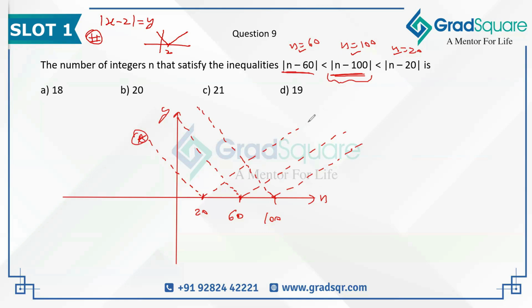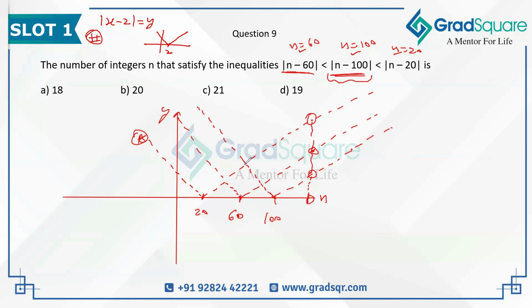Let me extrapolate this a bit more. Suppose at any point, let's say I look at a point over here. This is the value of modulus of n minus 100, this is the value of modulus of n minus 60, and this is the value of modulus of n minus 20. Now n minus 20 is the largest, but n minus 60 is lying in between. So that means this is not the region that I'm looking at, right?